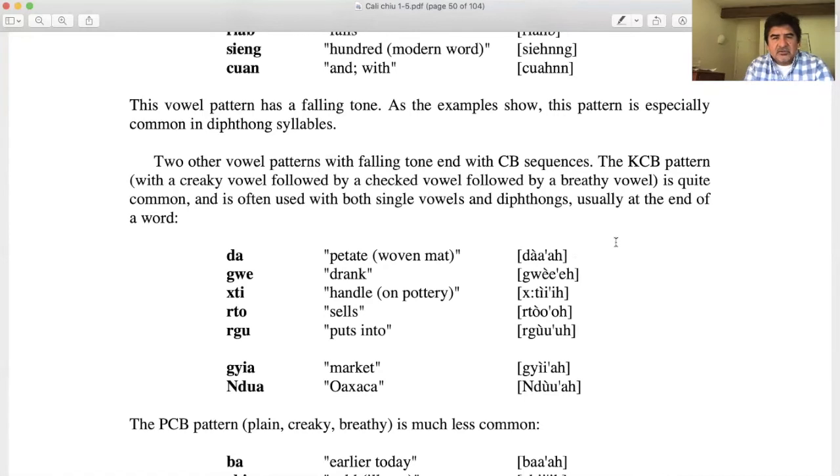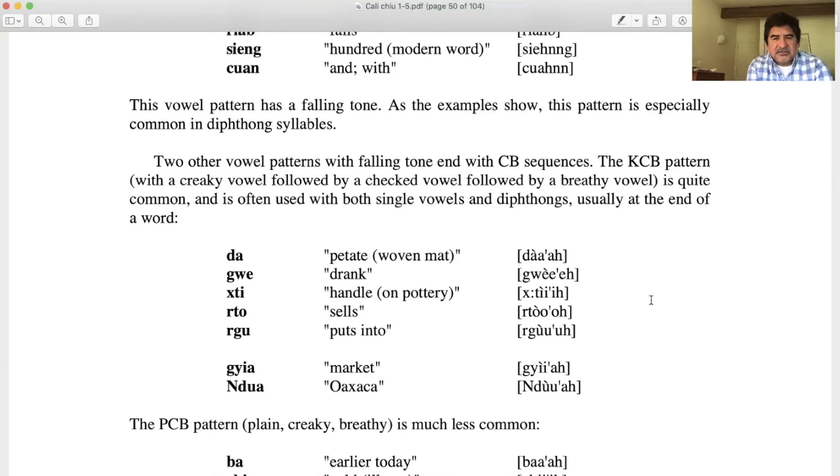So I'm going to say it one more time. And remember that our spelling is just a simplified spelling, but the pronunciation is in the pronunciation guide in the last column. So here we go again. Da. Next, drank. We. Handle of a pottery.